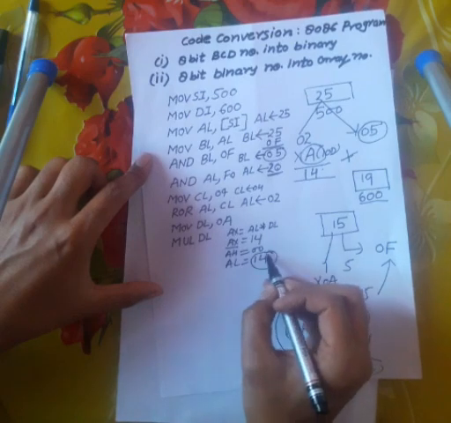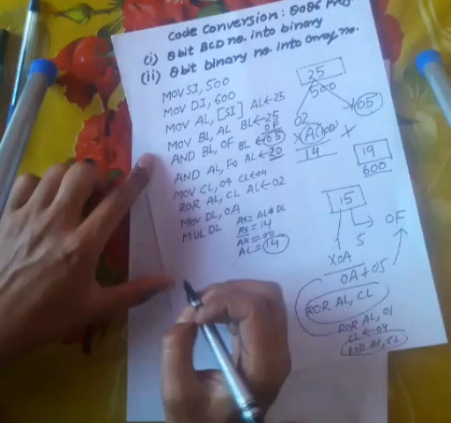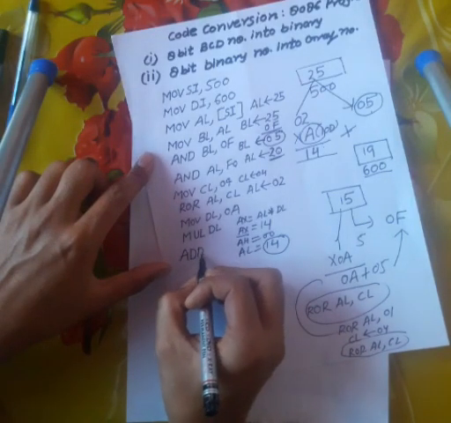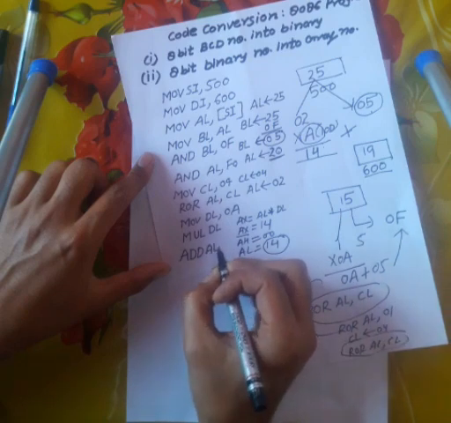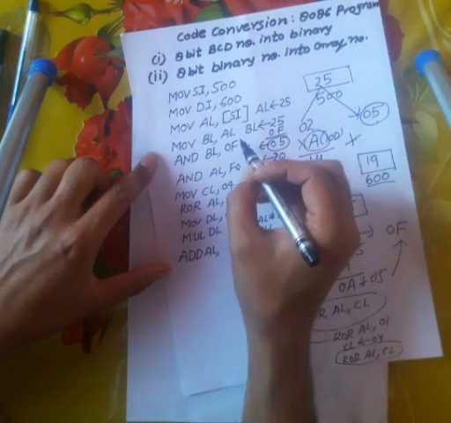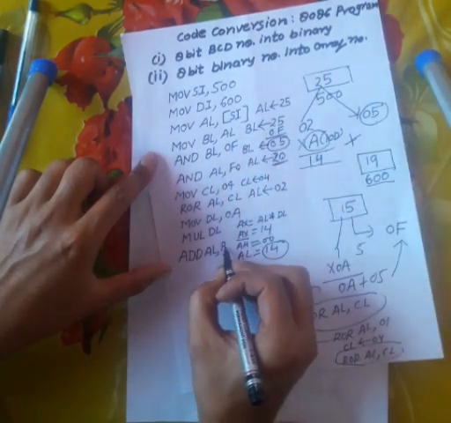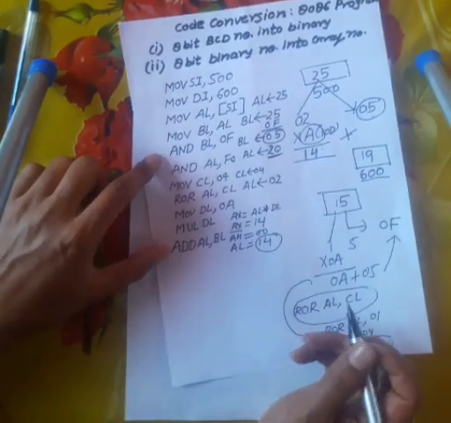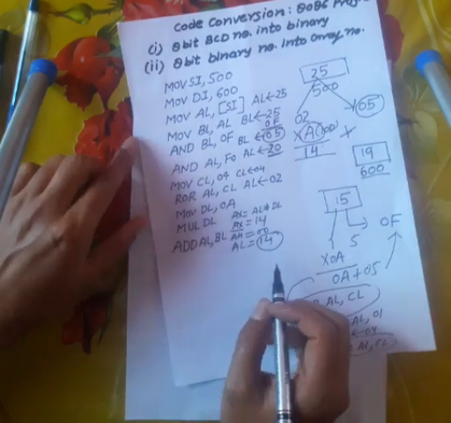Now you have to add this to 5. And where is 5? It is available in the BL register. So simply apply add AL comma BL. It will add the contents of BL and the contents of AL, and store the result in AL.